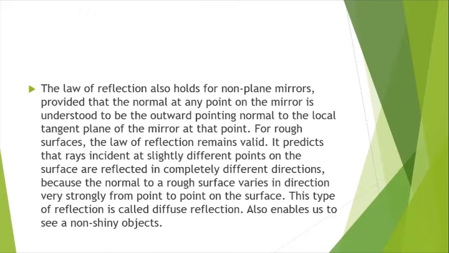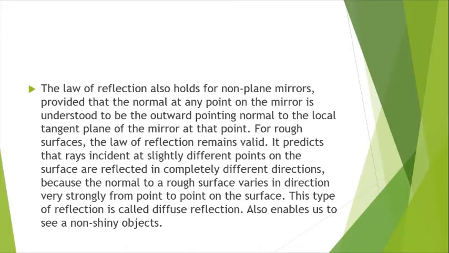Then it also predicts that rays incident at slightly different points on the surface are reflected in completely different directions, because the normal to a rough surface varies in direction very strongly from point to point on the surface. Then this type of reflection is called diffuse reflection.